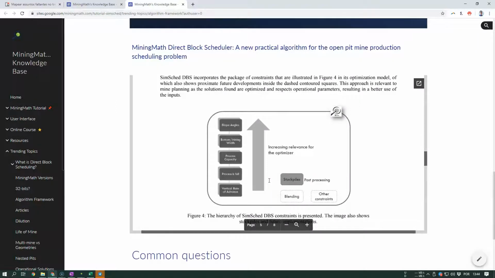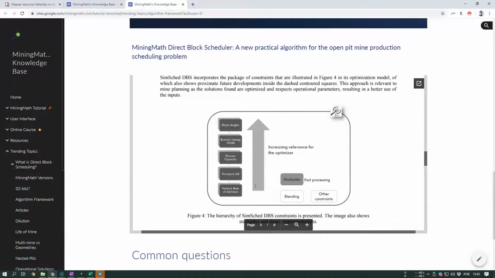Another point about this hierarchy is that it is not clear cut. It's not so well defined because, as you know, MiningMath performs a global optimization, and this means everything is handled simultaneously. This is a very important point.